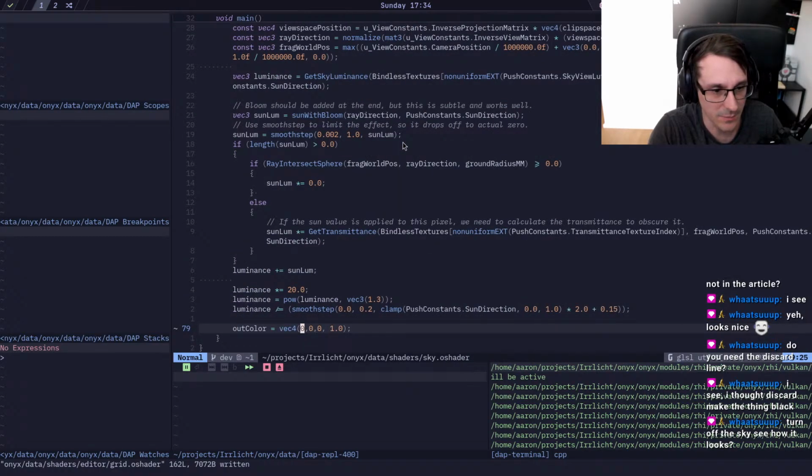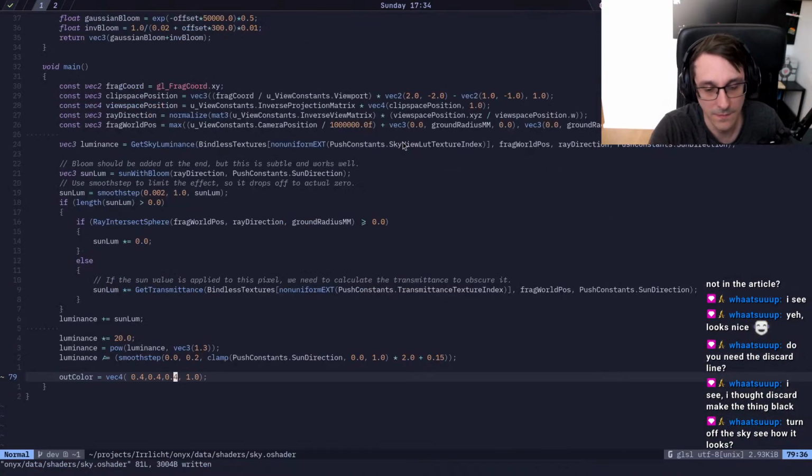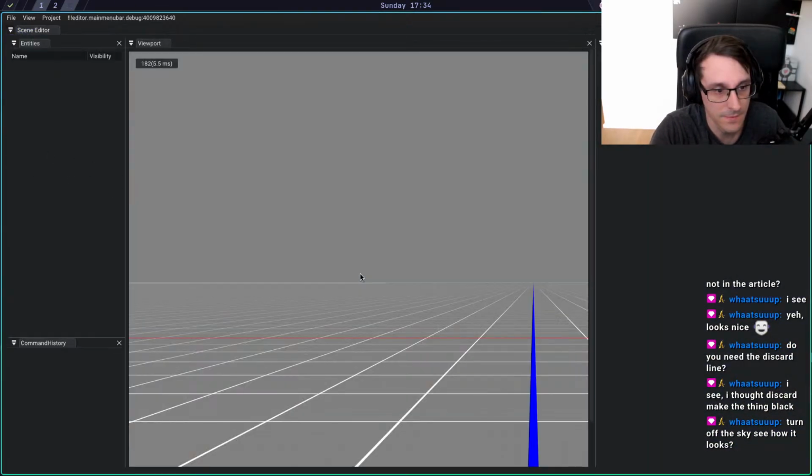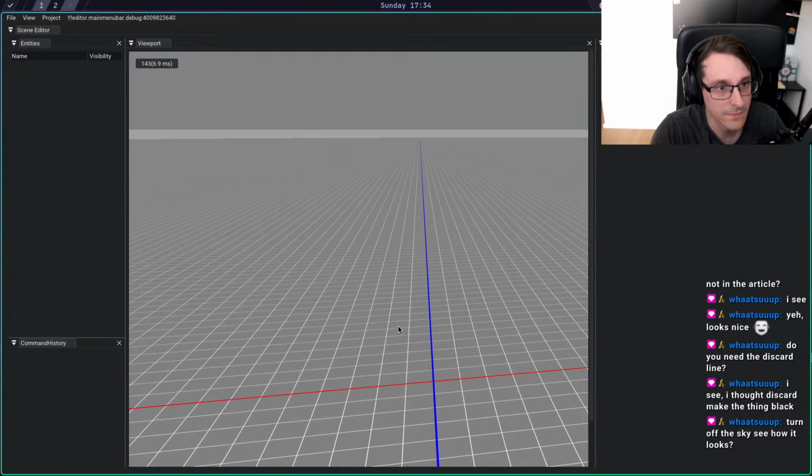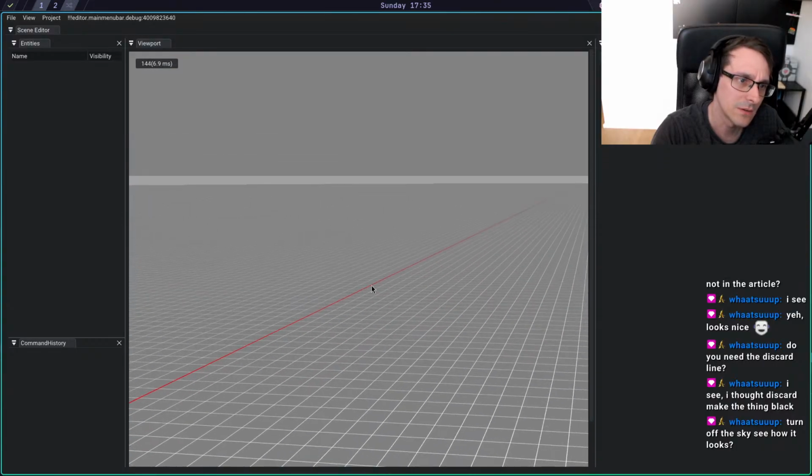But I can't write black in there. Well, I can maybe write the clear color in there. That's weird.